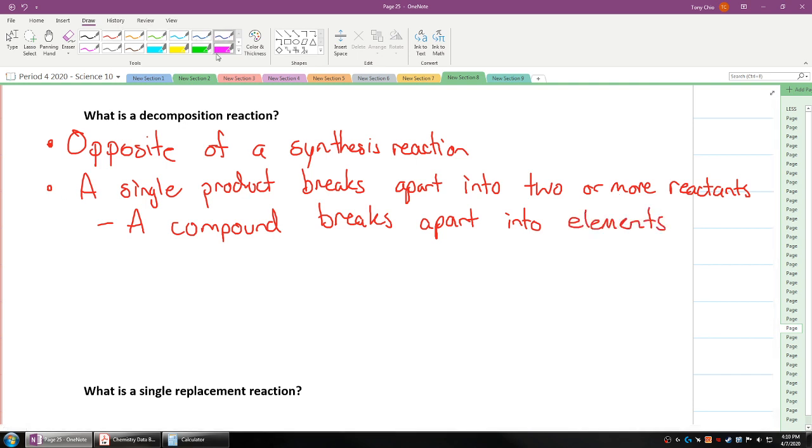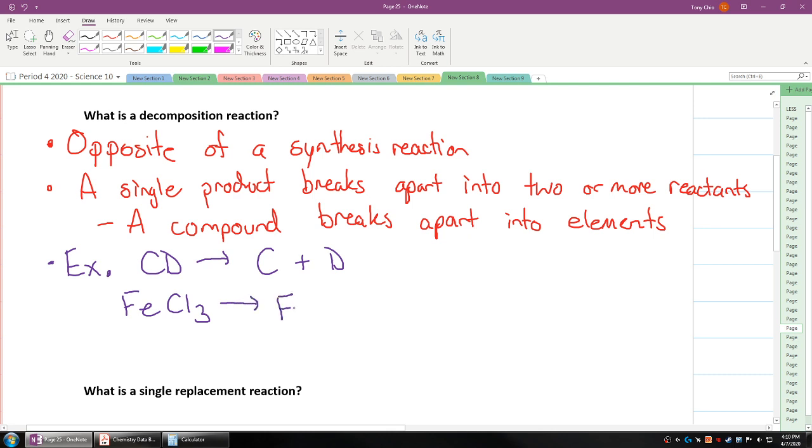So if I were to write this out as an example, you now have some compound, such as CD, which is going to break apart into C plus D. Now, as an example, when iron 3 chloride breaks apart, it's going to break apart into iron plus chlorine gas.